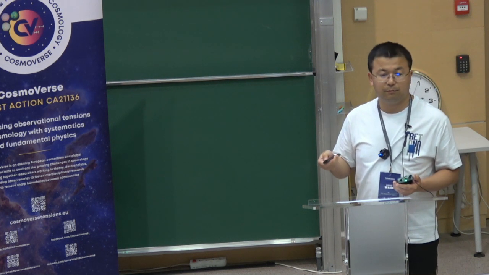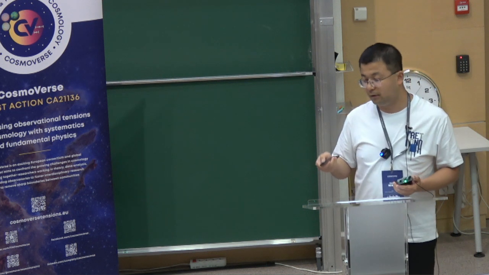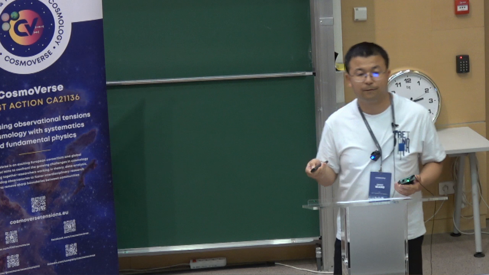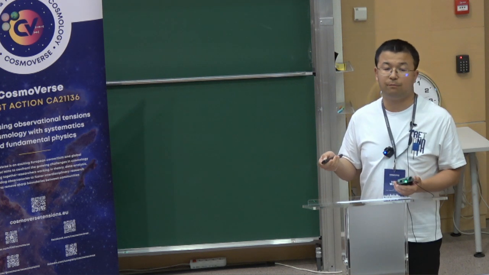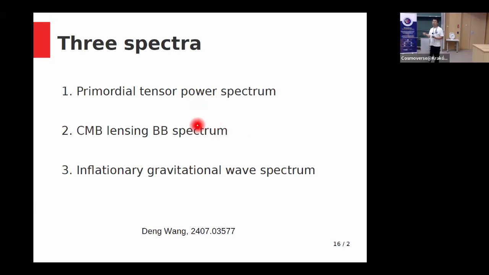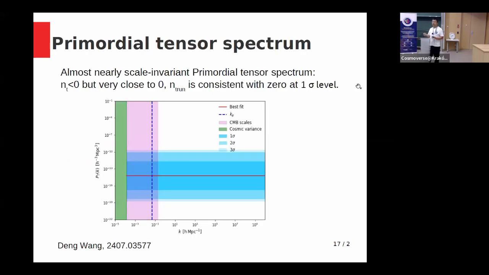So below, in light of my constraints, I will show 3 spectra. The first one is the primordial tensor power spectrum. The second one is the CMB lensing B-mode spectrum. And the final one is the inflationary gravitational wave background energy spectrum.